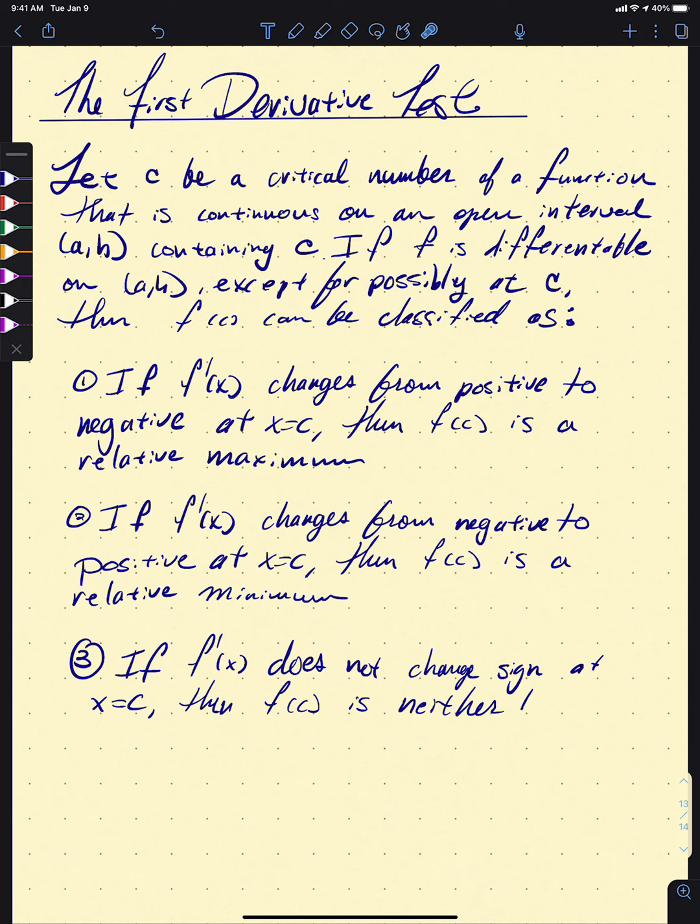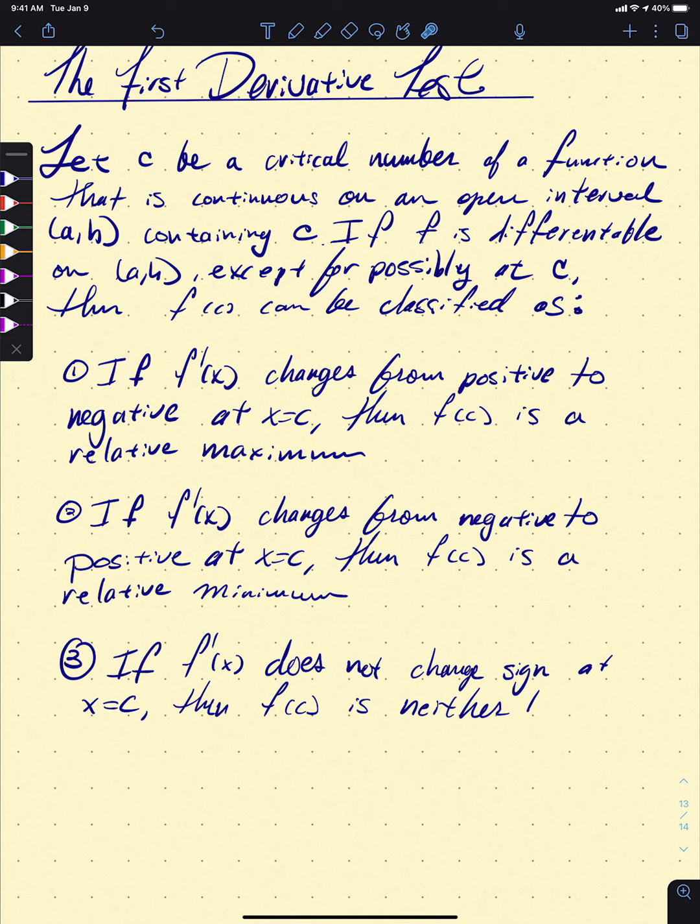For some critical point, if the derivative goes from positive to negative, well then our critical point in the middle is a relative maximum.